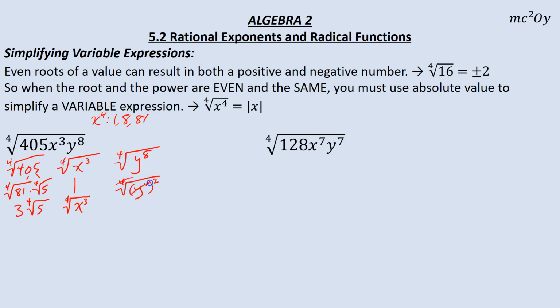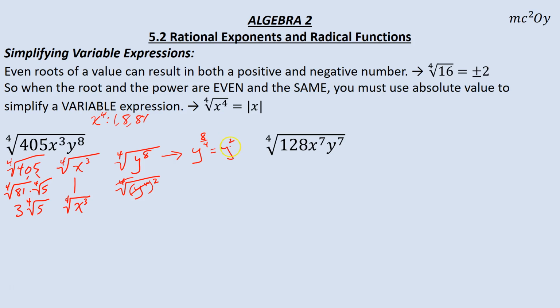Okay, the 4's cancel, and I'm left with a y squared that came out there, right? Or better yet, maybe think of it as that power again, y to the 8 fourths, which is y to the 2nd.